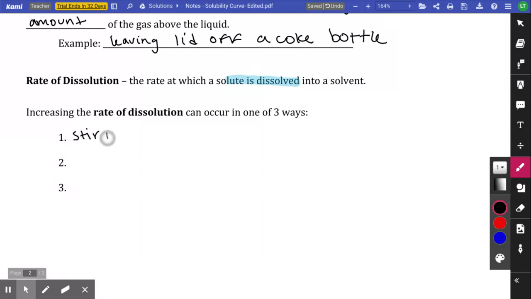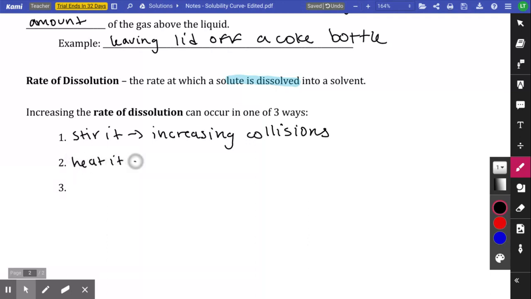All right, so if I am stirring it, I basically am increasing collisions between my solute and my solvent. The more they collide, the more likely that my solute is to dissolve. So increasing my collisions.